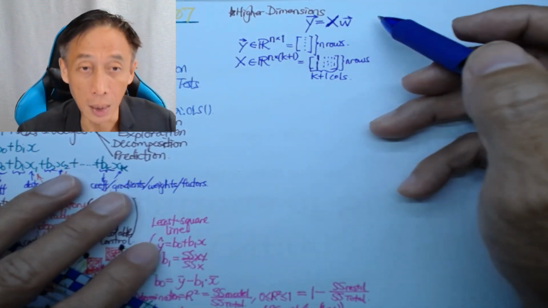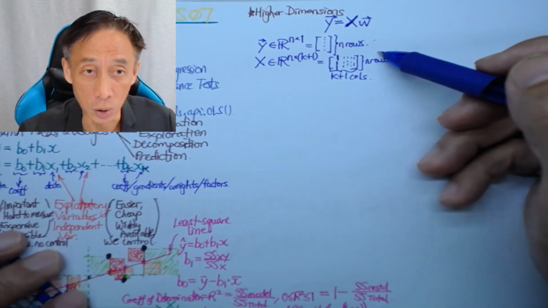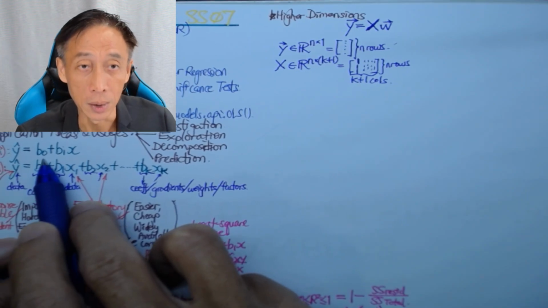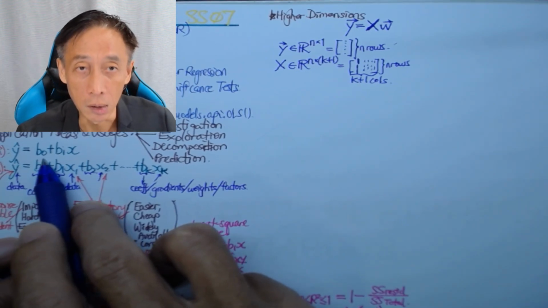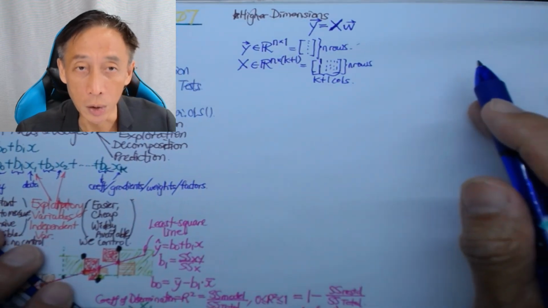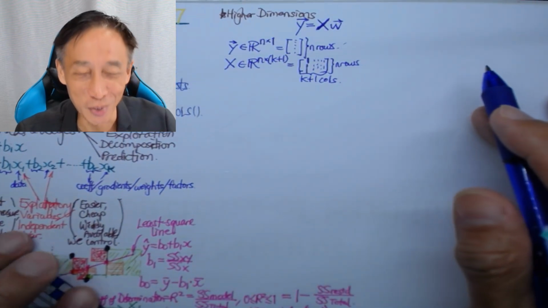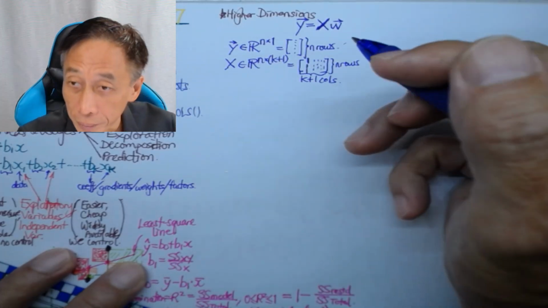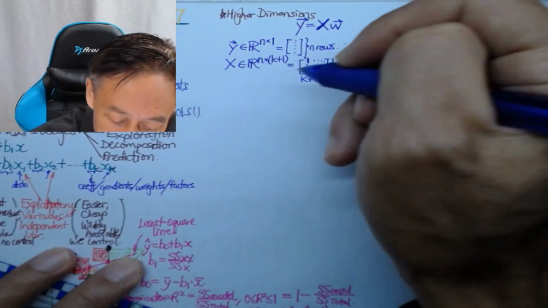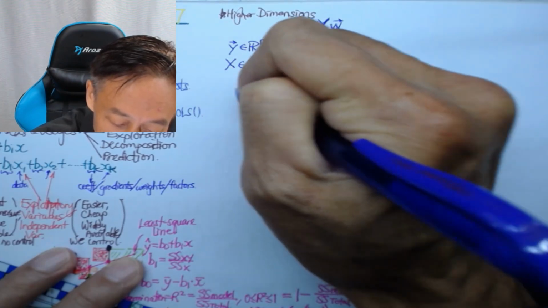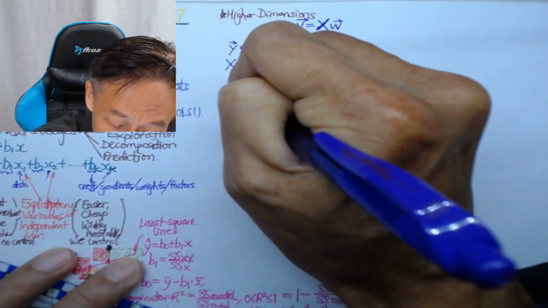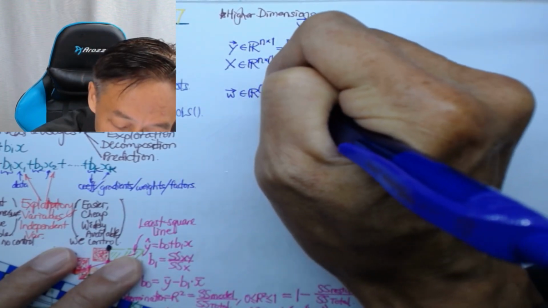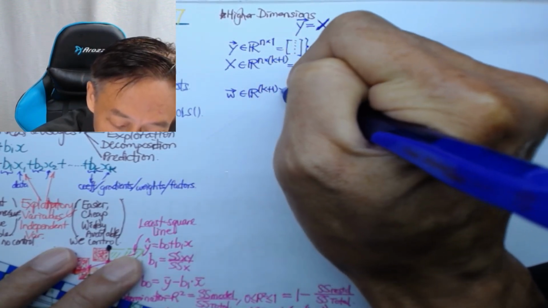So the y-intercept, for example, in our simple linear case, just pops up here, b0, right? In matrix vector form, we need to have a parking lot for that. So that will be the ones here. And then for the weights w, it will be real numbers, k plus 1 by 1, right?